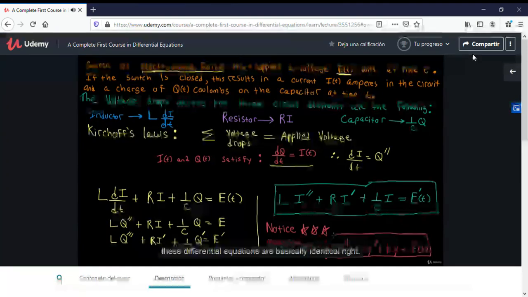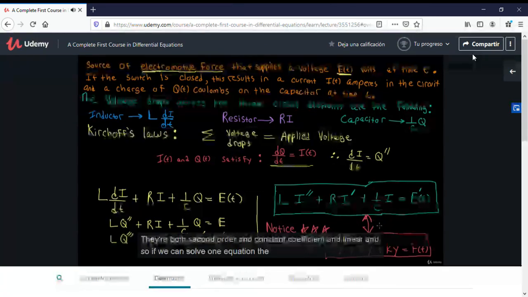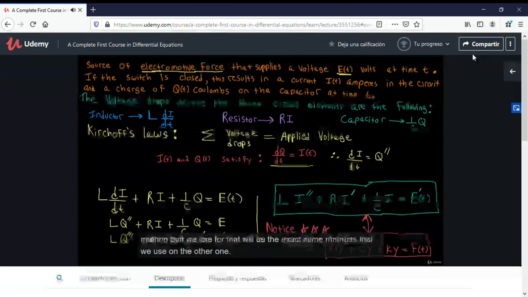These differential equations are basically identical, right? They just have different meanings, but they're of the exact same form. They're both second order and constant coefficient and linear. And so if we can solve one equation, the methods that we use for that will be the exact same methods that we use on the other one.